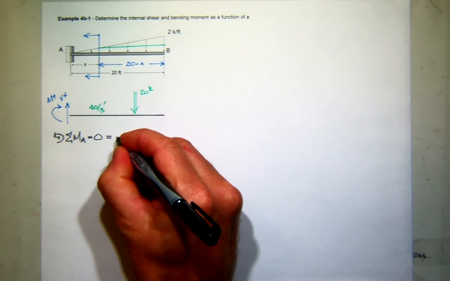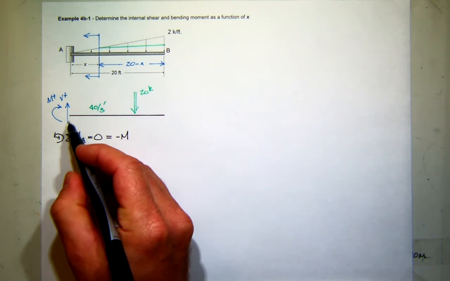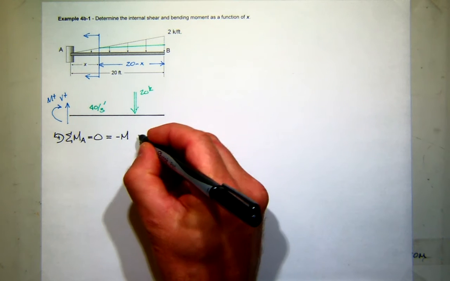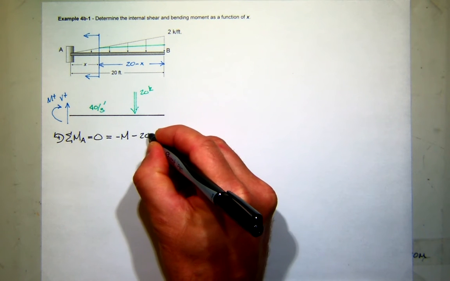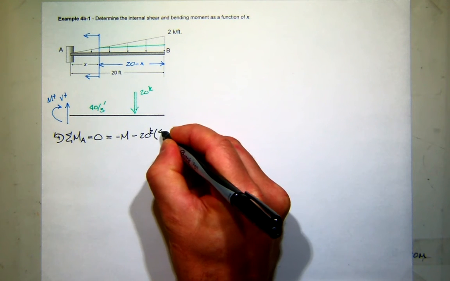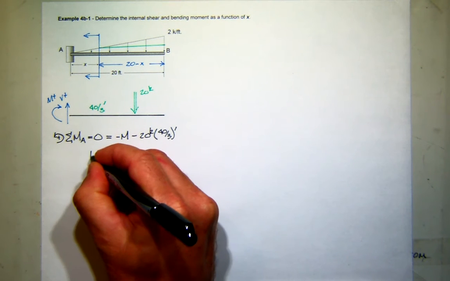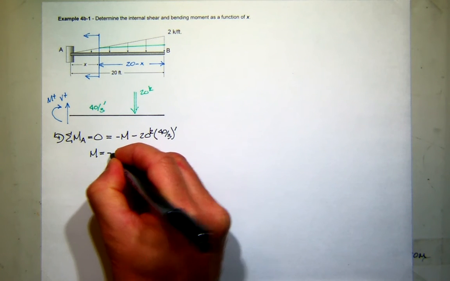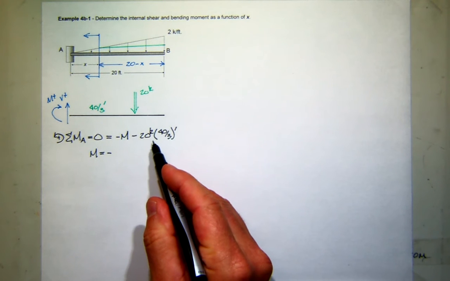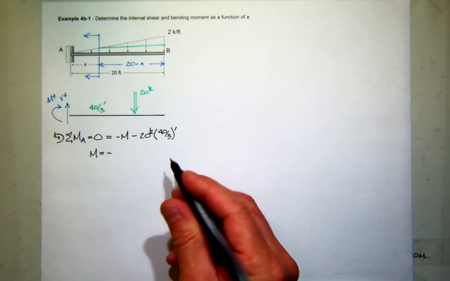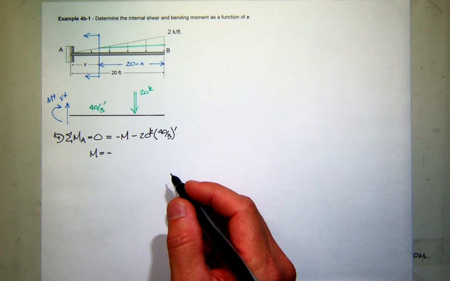Negative. What kind of moment about A does this 20 kip force create? Positive or negative? Negative. So it has a 20 kip force times a 40/3 foot moment arm. So it looks like my moment is going to be negative. I don't know what that is. That's 800 divided by 3. That's 266.7. Is that right?